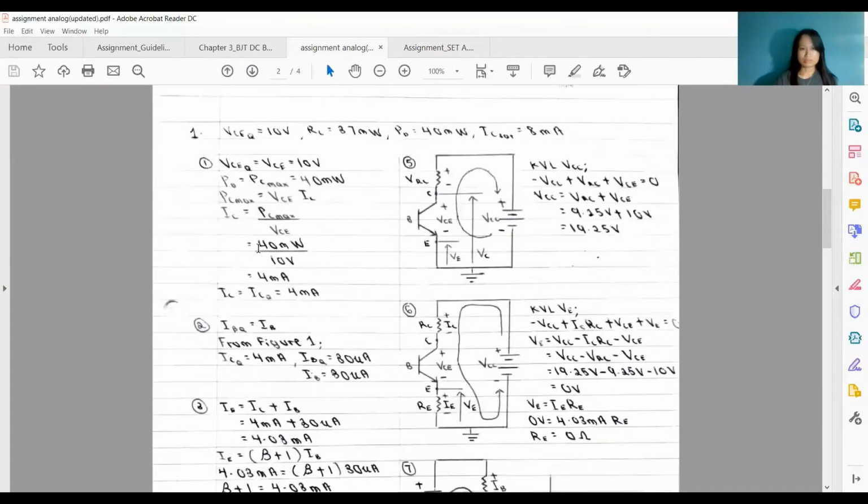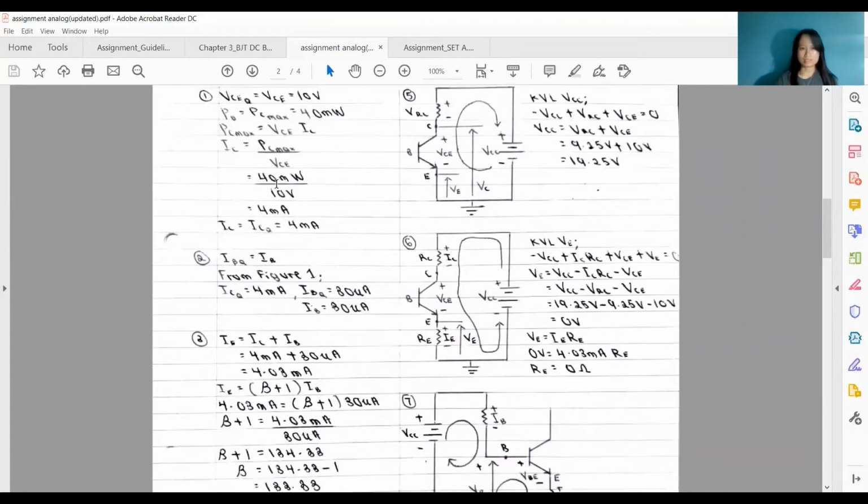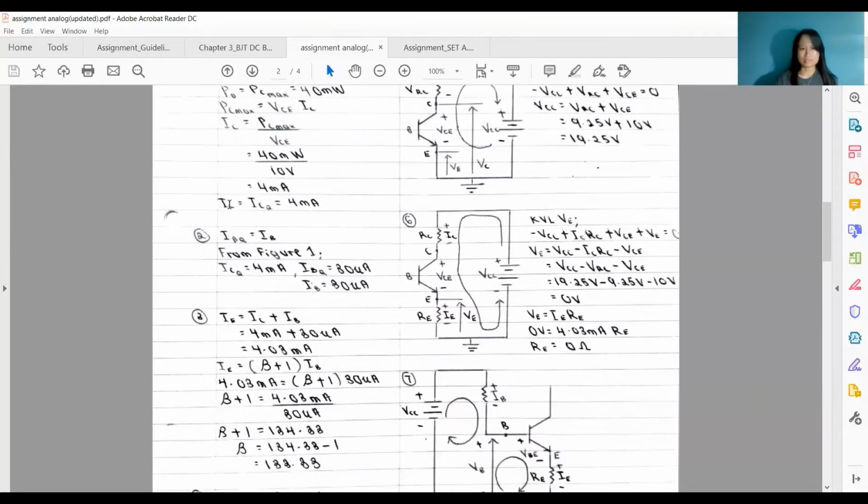Using the formula, we learned that VCEQ is equal to VCE equal 10 volt, PD equal PC max equal 40 milliwatt. Using this value, we substitute those into the maximum dissipation level formula, and the IC will be 4 milliampere.